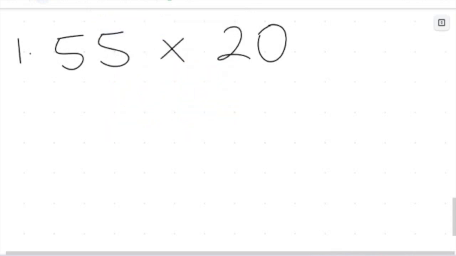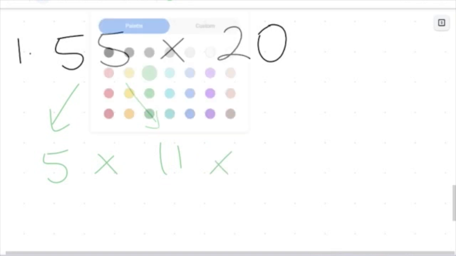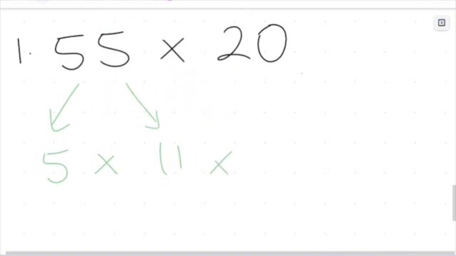So 55, if we remember from our times tables, I can make that from 5 lots of 11. And 20, I can make from 2 lots of 10.